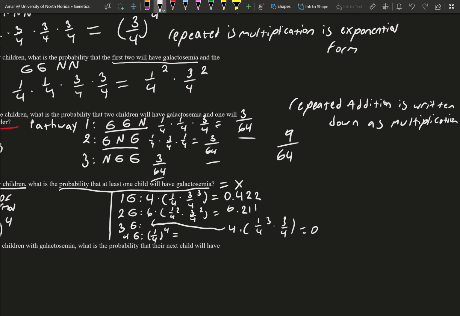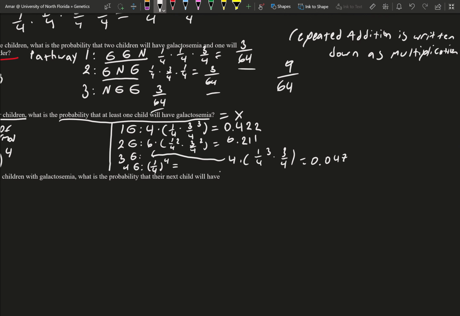0.047. And then this one on the bottom is equal to 0.004. So what you can do now is add these together, because these are different alternative pathways that we can take to answer our question, which is having at least one galactosemic child.